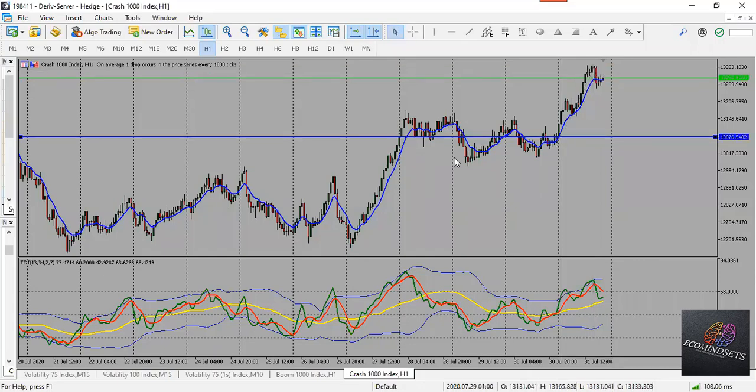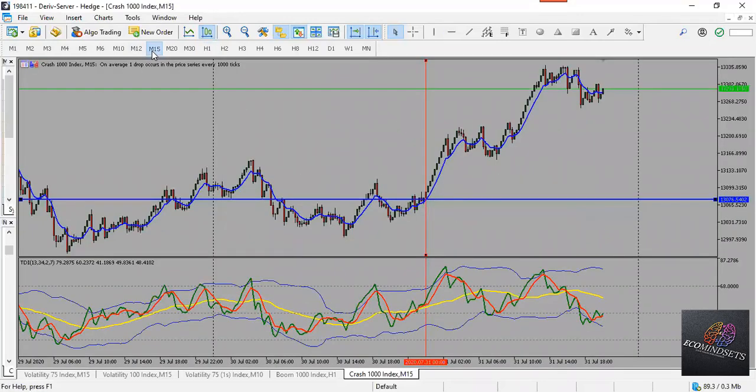Good. What do I do? Once I see my H1 candle, even the first candle of the day, closed above EMA8, I place my line there. Quickly, I shift my time frame to 15 minutes. What am I looking for on 15 minutes?